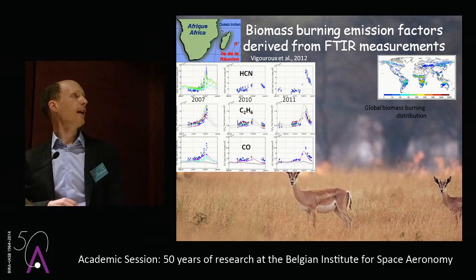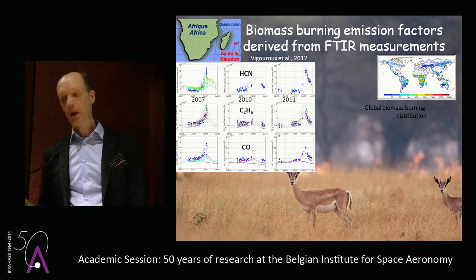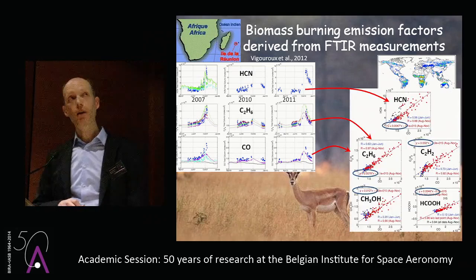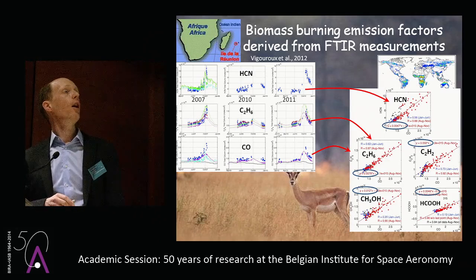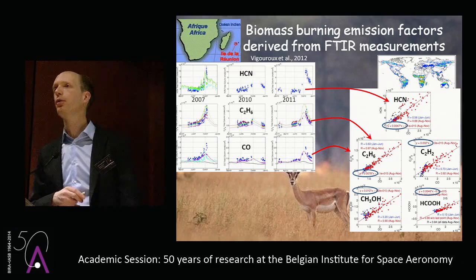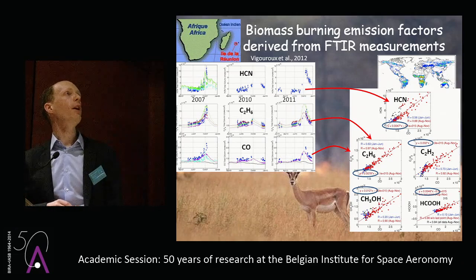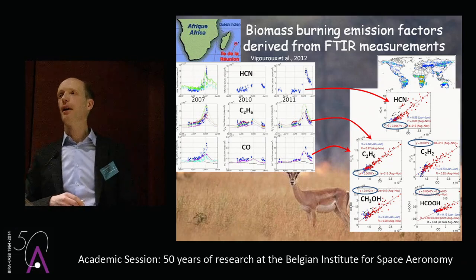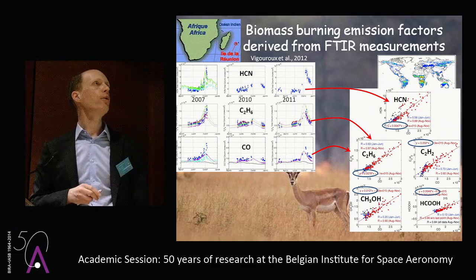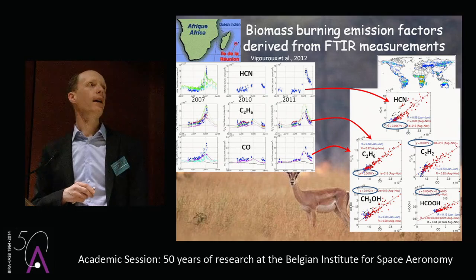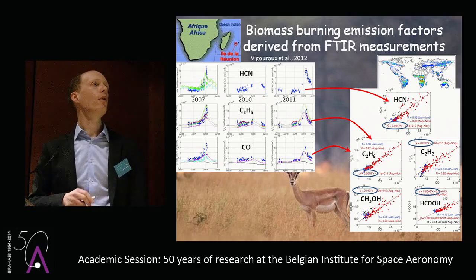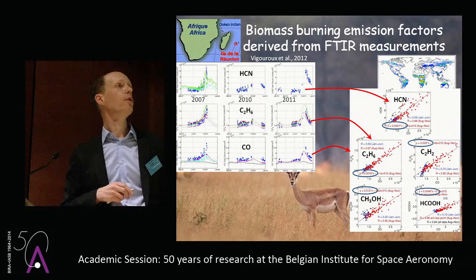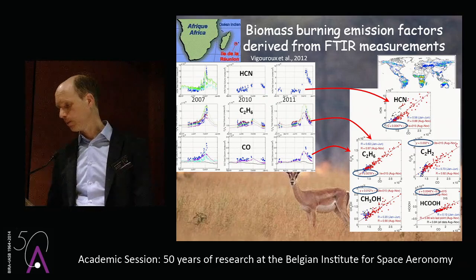So using that kind of information, we can obtain information actually on the emission ratios, the ratio of, for example, HCN to CO in the fire. And that's very useful to know in order to estimate the emissions of all those constituents at the global scale.